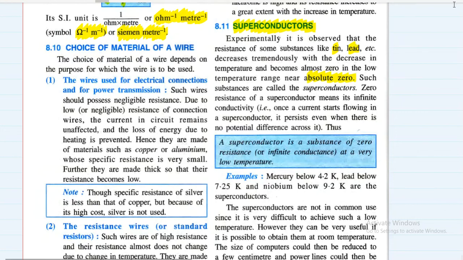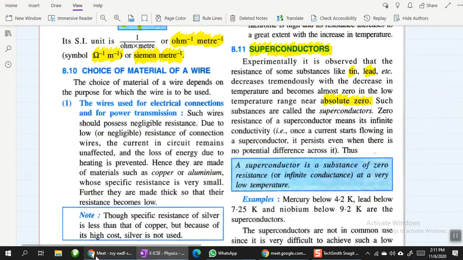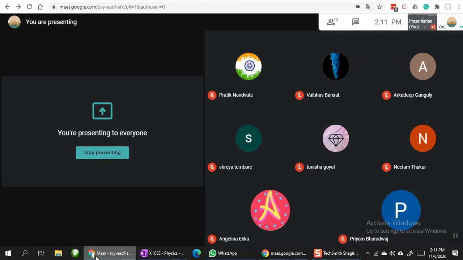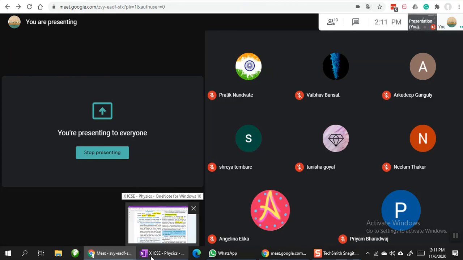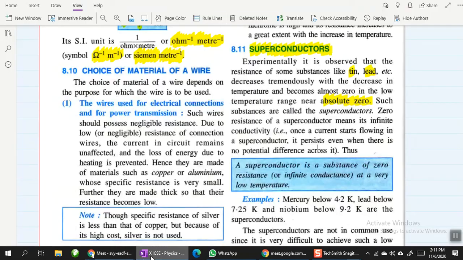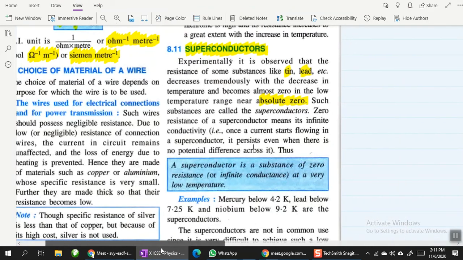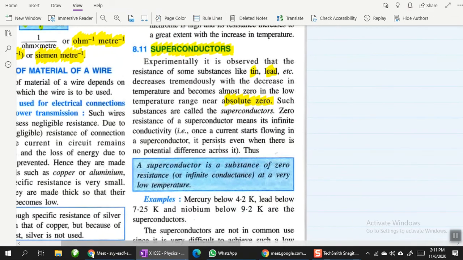Now let's see who can tell me what is absolute zero. Neelam, are you there? Yes, sir. Can you tell me what is absolute zero? So it is quantity near to zero. No, it is a temperature.